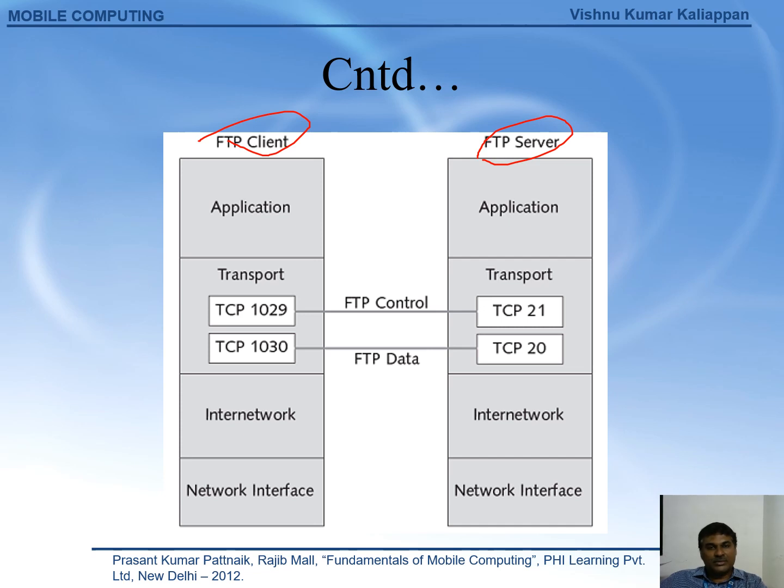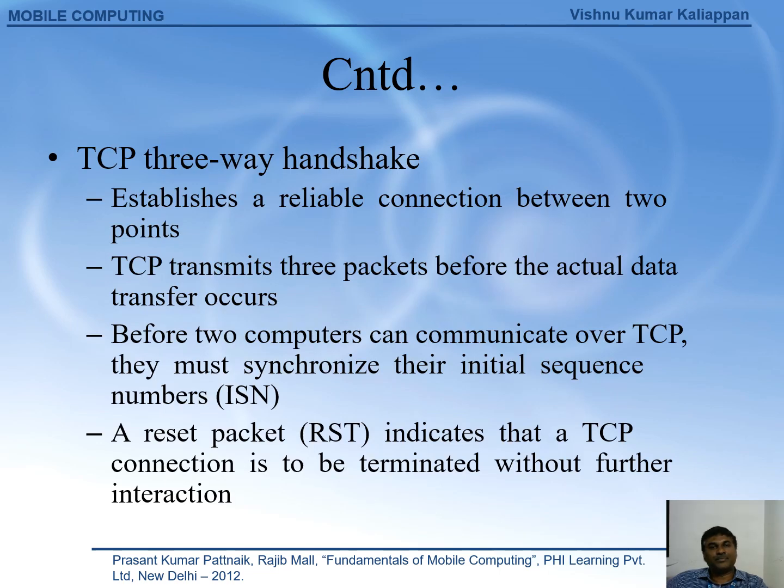The client uses ports 1029 and 1030, whereas the server uses 21 and 20. Using these ports, the client communicates with the server and the server communicates with the client. This is an example of how the ports are used.